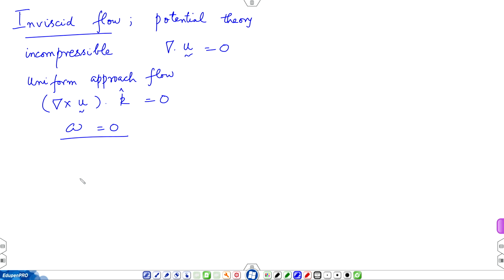Vorticity is at least a measure of rotation of a fluid element, and because it is 0, the flow is irrotational. So, these terms are interchangeably used.